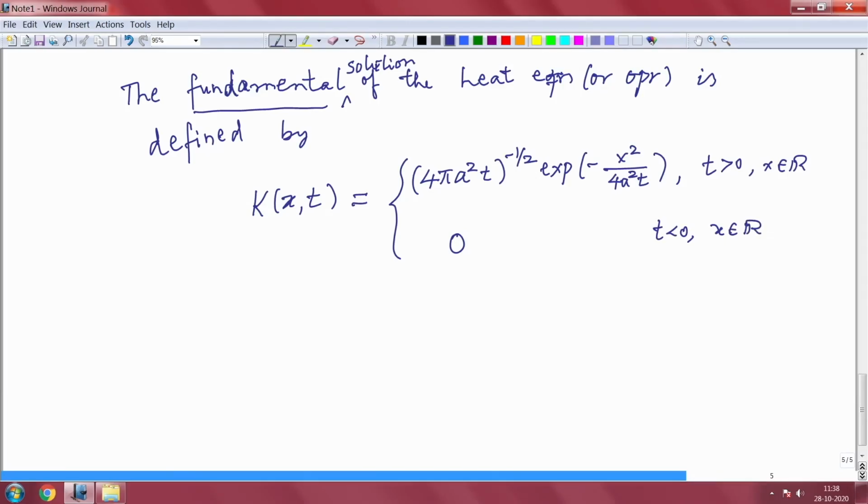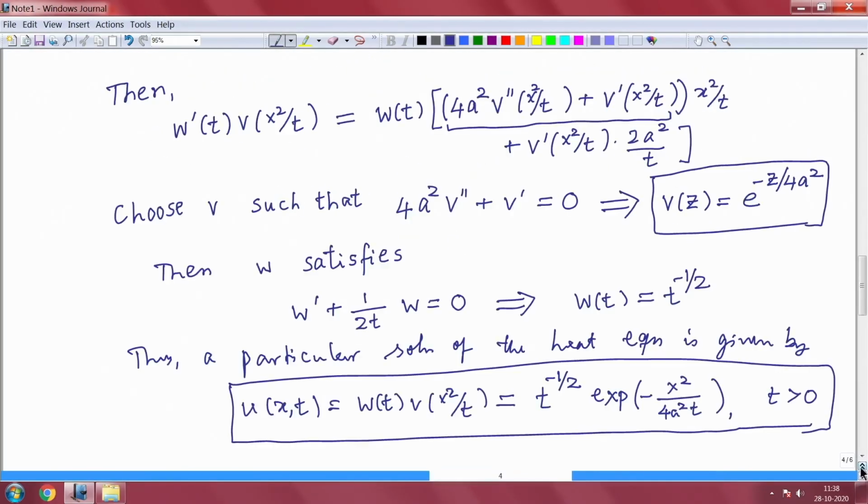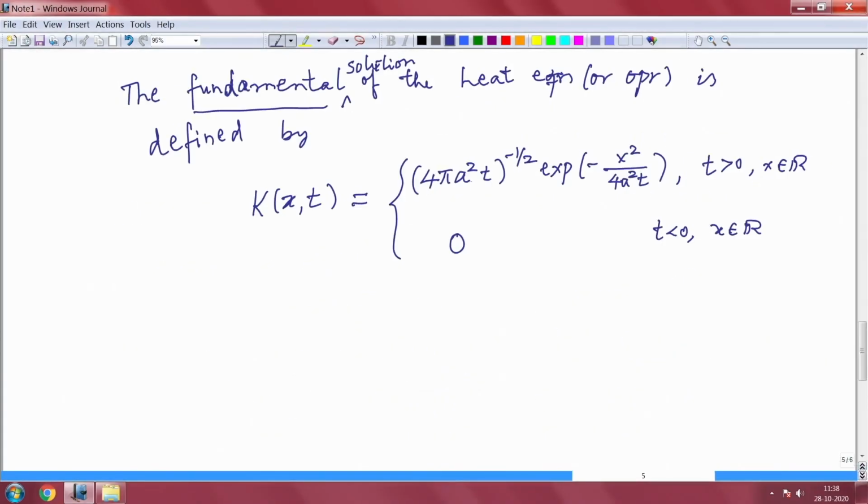So I am just putting a constant term there. This 4 pi a square, we will see the reason for putting that particular constant, how that plays an important role.